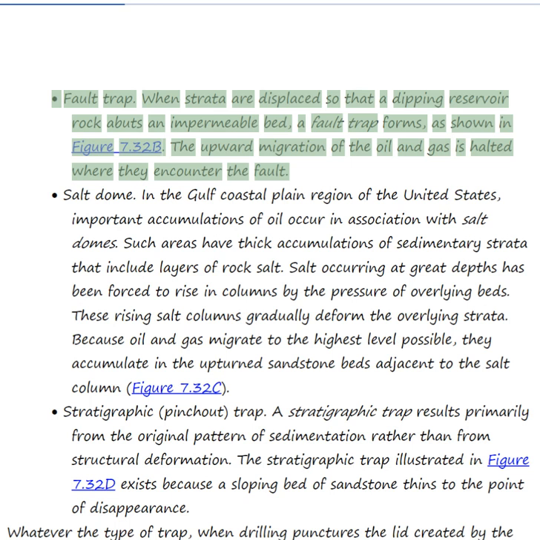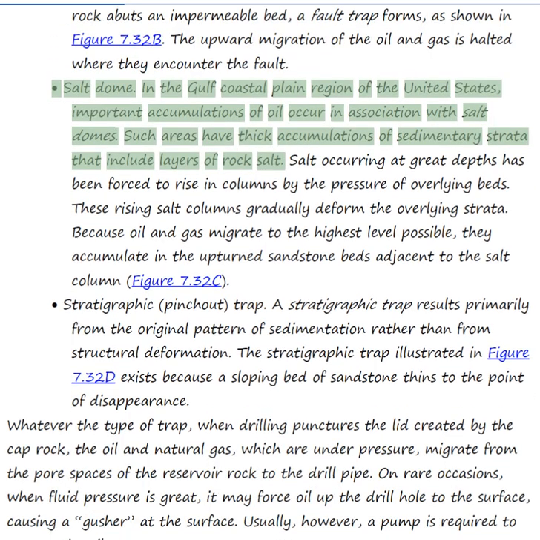Fault trap. When strata are displaced so that a dipping reservoir rock abuts an impermeable bed, a fault trap forms, as shown in Figure 7.32b. The upward migration of the oil and gas is halted where they encounter the fault. Salt dome. In the Gulf Coastal Plain region of the United States, important accumulations of oil occur in association with salt domes.